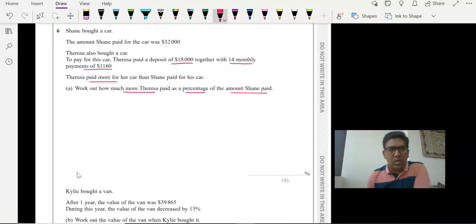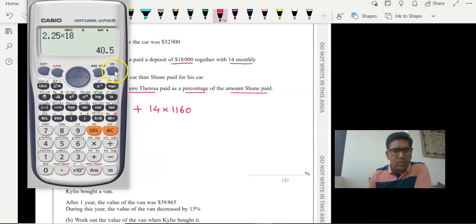So first, let's work out how much Teresa has paid altogether for the car. She paid a deposit of 18,000 plus 14 monthly installments of 1160. So 18,000 plus 14 times 1160 gives you 34,240.